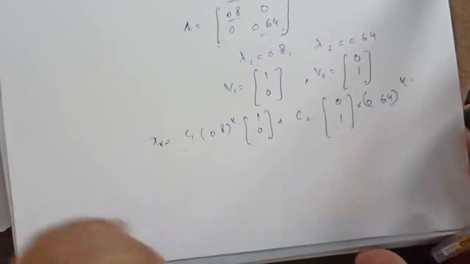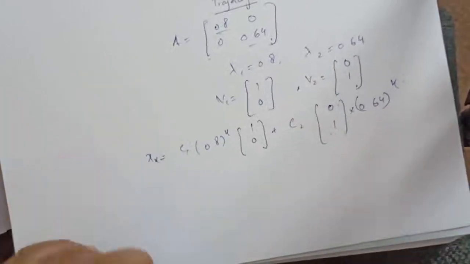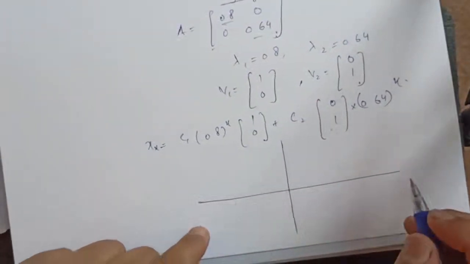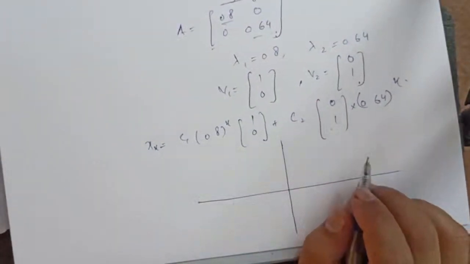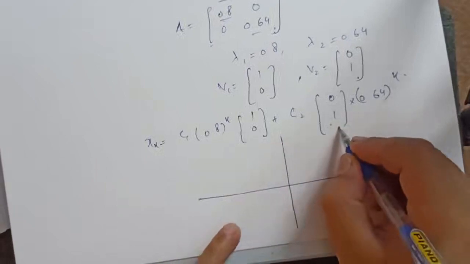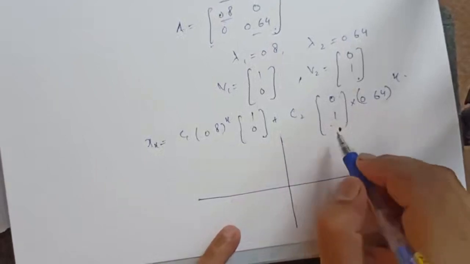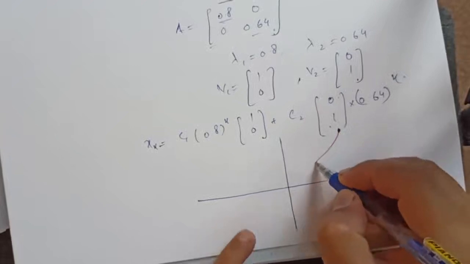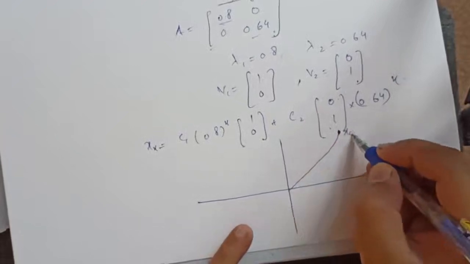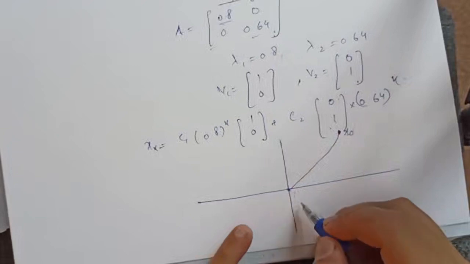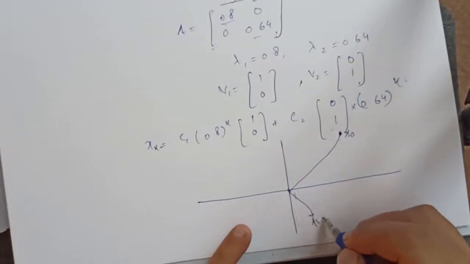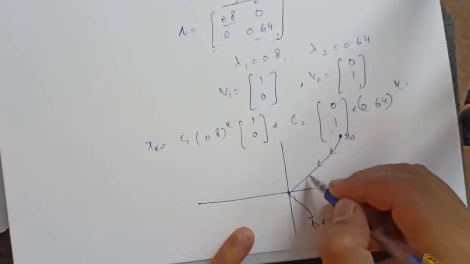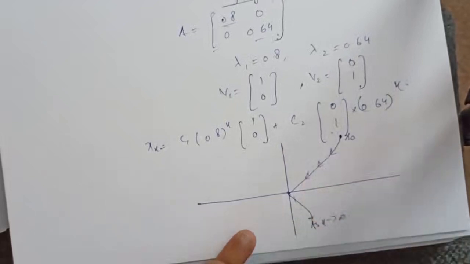Okay, so it means if I try to plot those trajectories of the points, we can have any initial starting point. Let's say you start from here. What it effectively does is bring all those points back to the origin. So this is x naught. It means this point will be somewhere near the origin as k approaches infinity. Again, the arrow indicates the direction in which this trajectory is traversing.